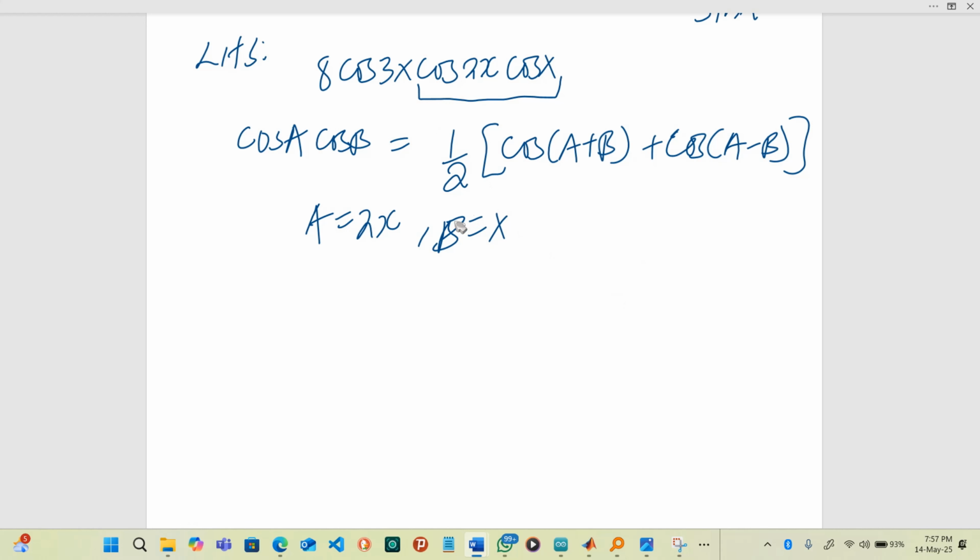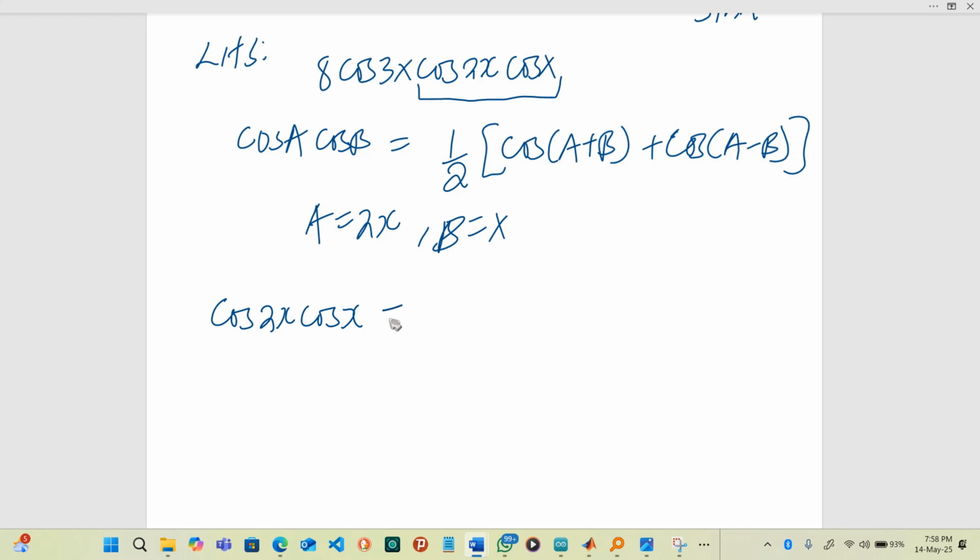Now, if that is the case, we can now express cos 2x cos x as a half into cosine of 2x plus x, because we said B is equal to x, A is 2x, then plus cos of 2x minus x, and then we close.